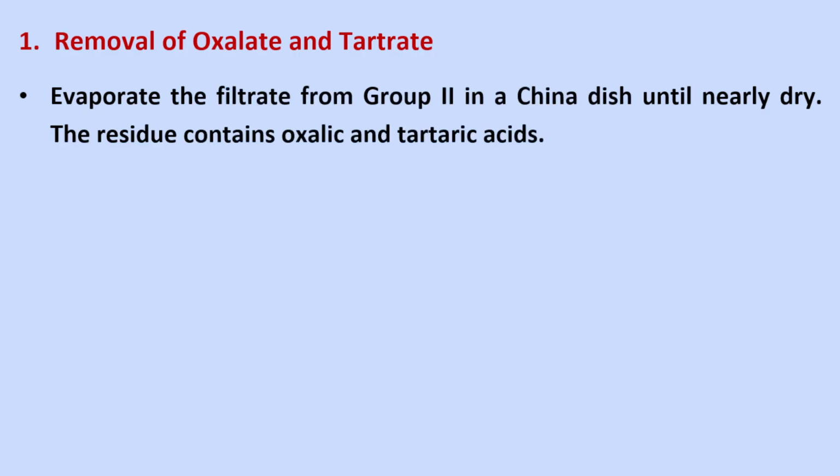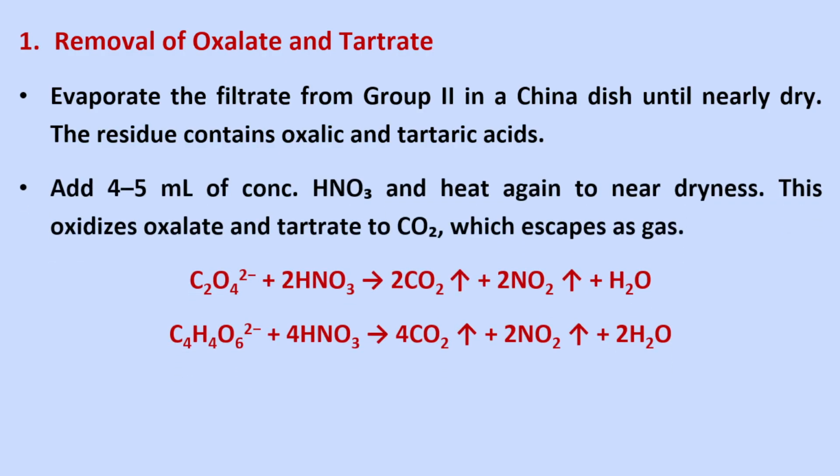Removal of oxalate and tartrate. Transfer the filtrate into a china dish and evaporate the content until nearly dry. The residue formed contains oxalic and tartaric acid. Add 4 to 5 ml of concentrated nitric acid and heat the mixture again to near dryness.